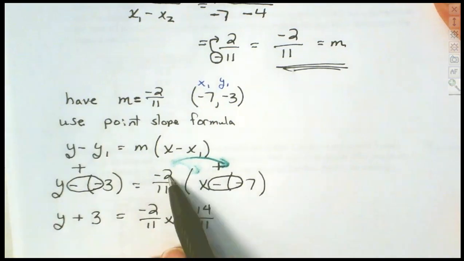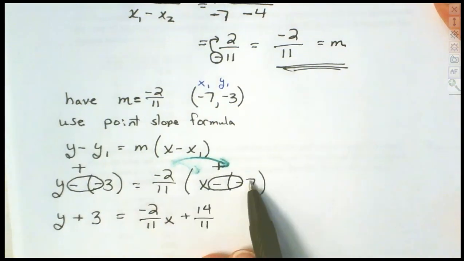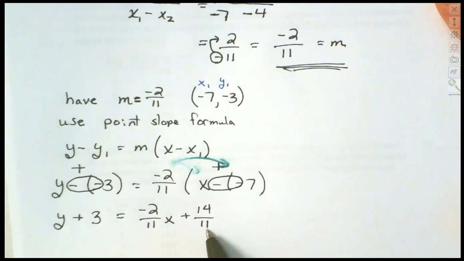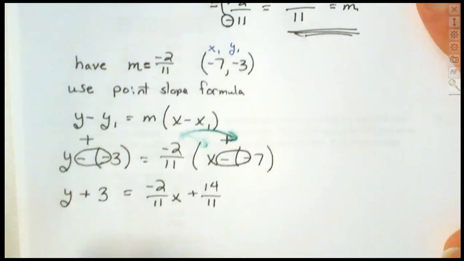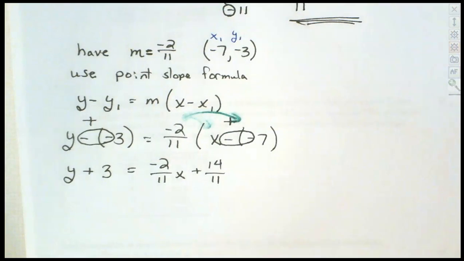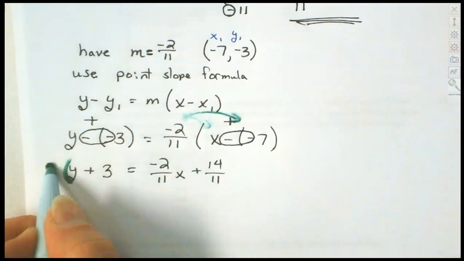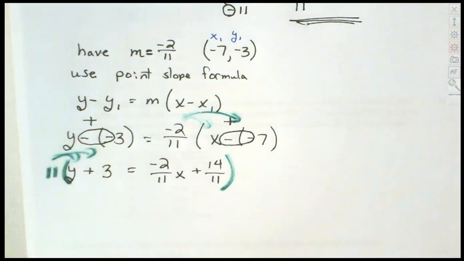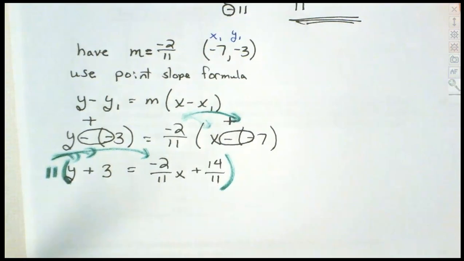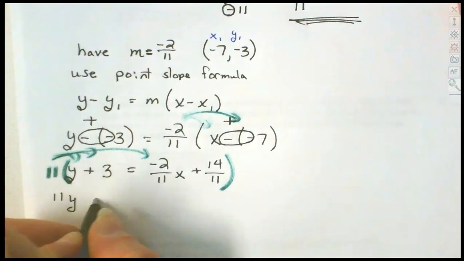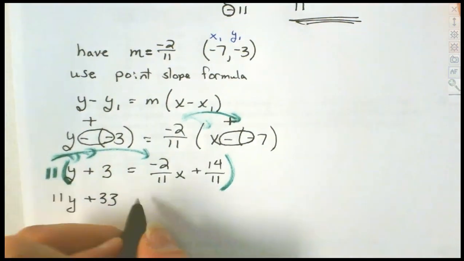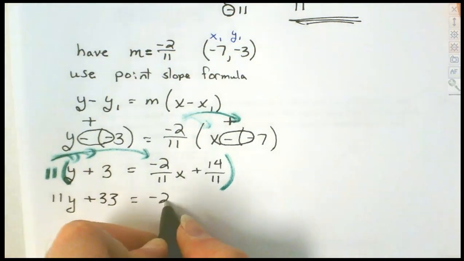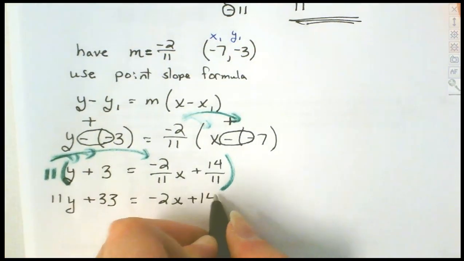You just take that numerator, multiply it by the number, put it over the denominator. Now we need to solve this for y, so we clear our fractions by multiplying by 11. y plus 33 now equals minus 2x plus 14.